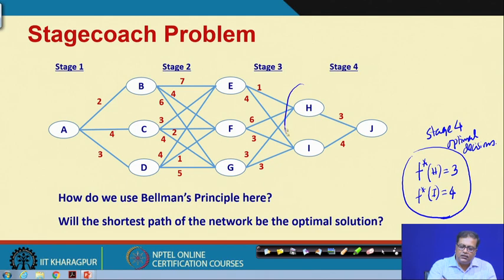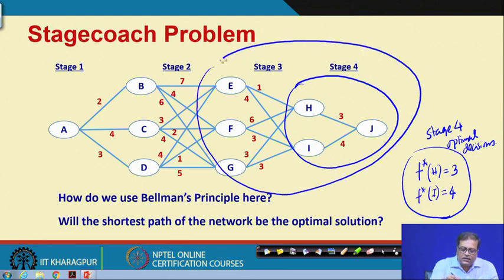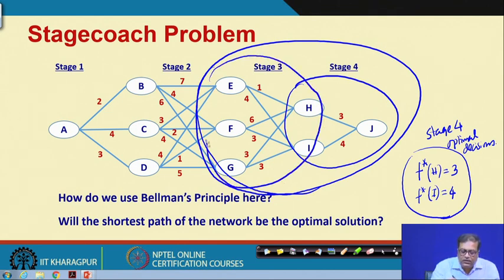So this is our consideration in stage 4, but then what is our consideration in stage 3? Our stage 3 considerations are these. Please do not forget that although we are really concerned about these parts, at stage 3 our consideration also includes stage 4 decisions, but out of that we focus only on this much, and we make use of the stage 4 optimal decisions.